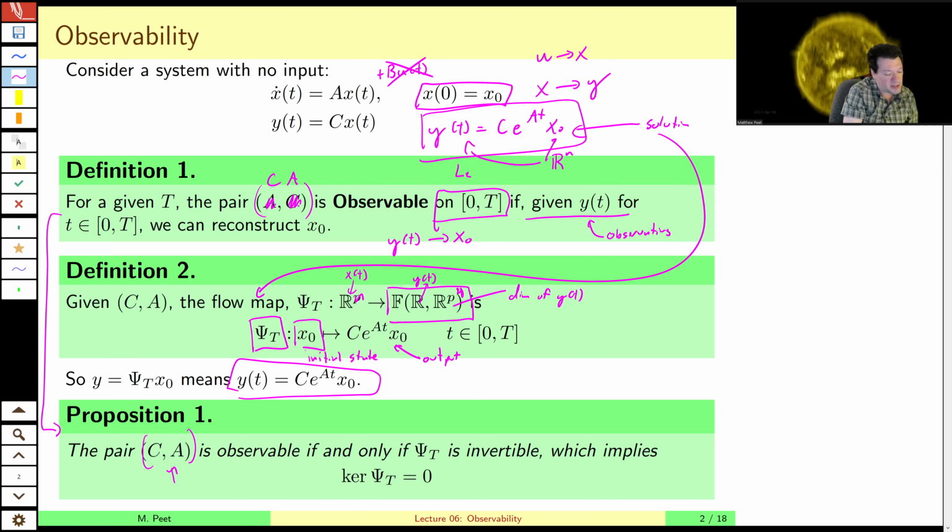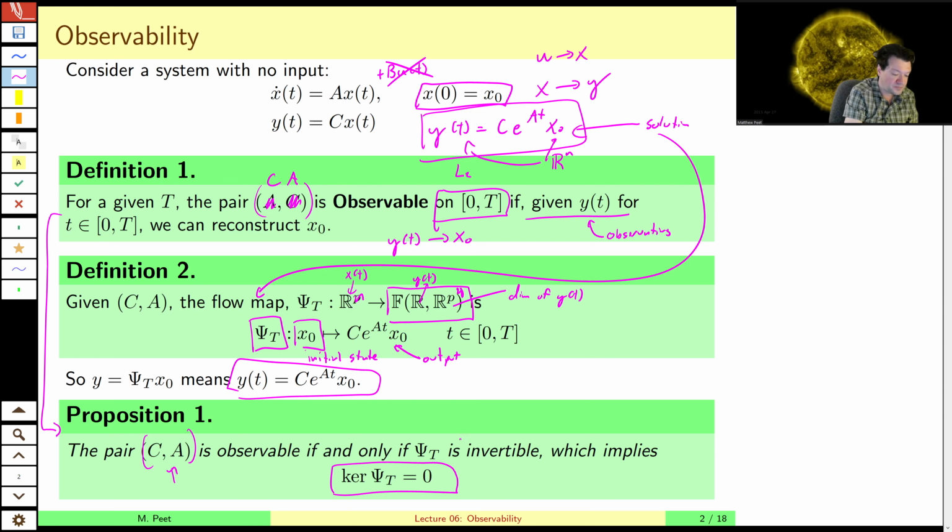And anyway, we can say that this is observable if and only if the kernel of this map is 0. So basically no state, no initial condition, gets mapped to a 0 output.